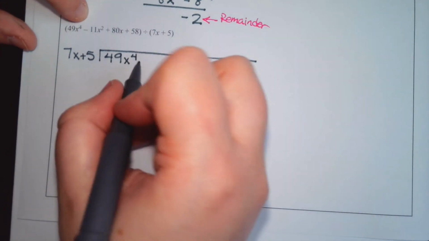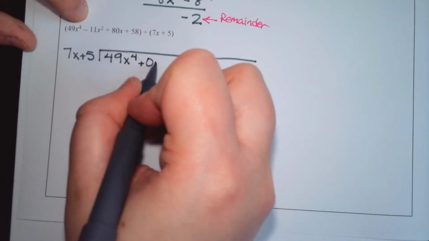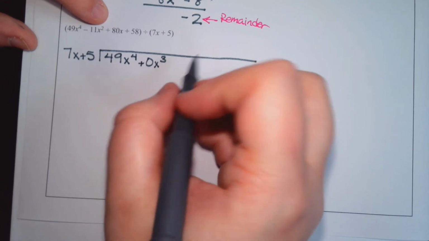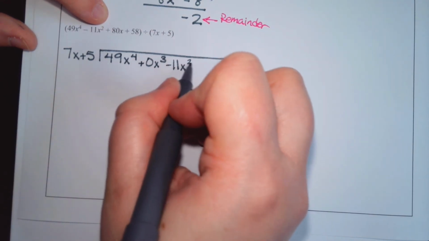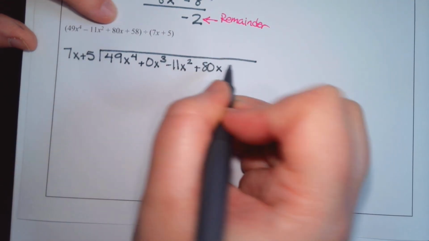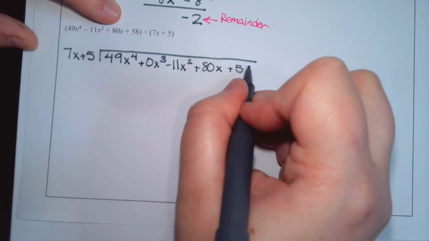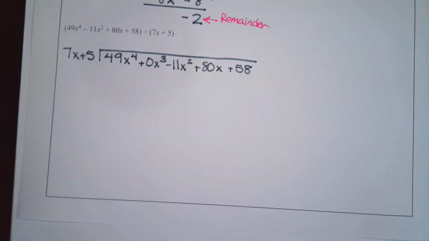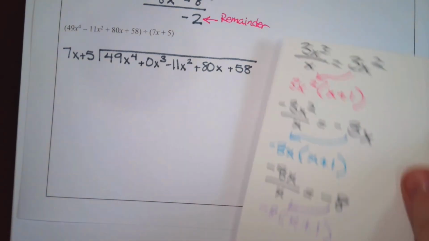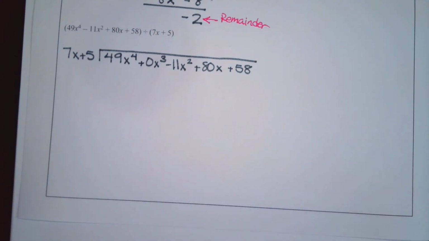As you can see, we do not have an x cubed, so we have to fill in with a 0 minus 11x squared plus 80x plus 58. All right, we're going to do this one without the help of the little note card that I've been doing.